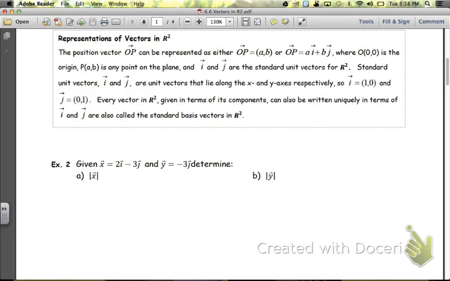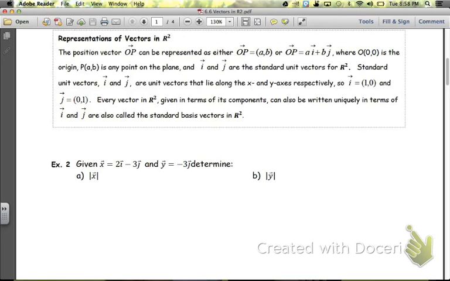Recall, when it's R2, we're just discussing our x and y plane. Our standard unit vectors i and j lie along the x and y axes respectively, so i is equal to (1, 0) and j is equal to (0, 1). Every vector in R2, given in terms of its components, can also be written uniquely in terms of i and j, which are also called the standard basis vectors in R2.